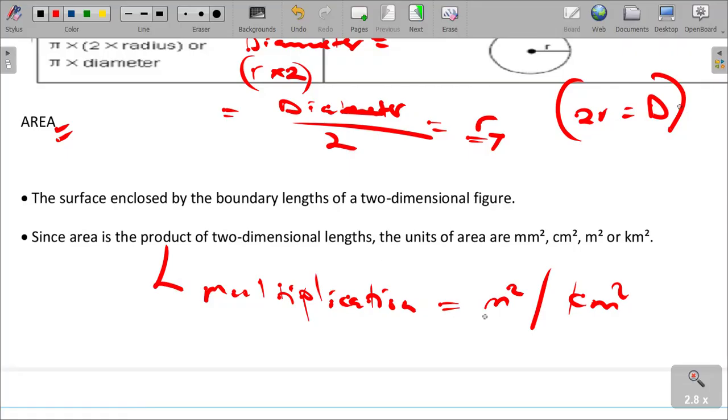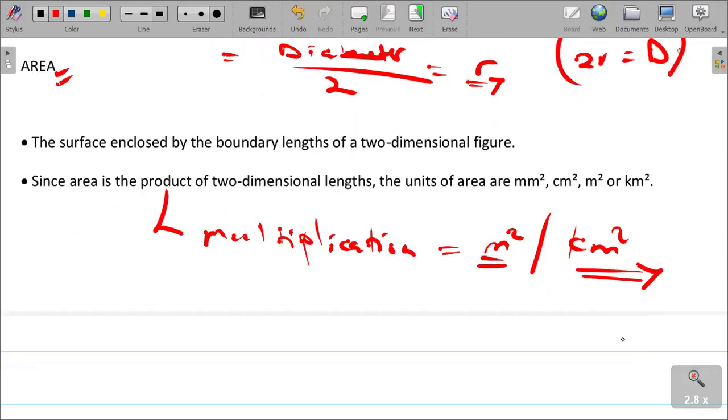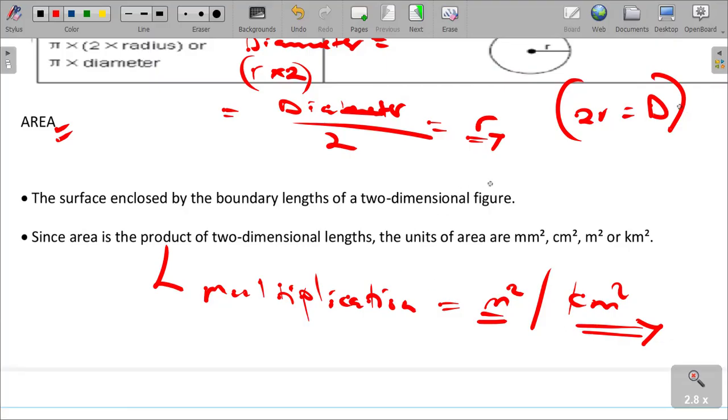For that reason, the area of a shape is given in square units of the units given in that question.